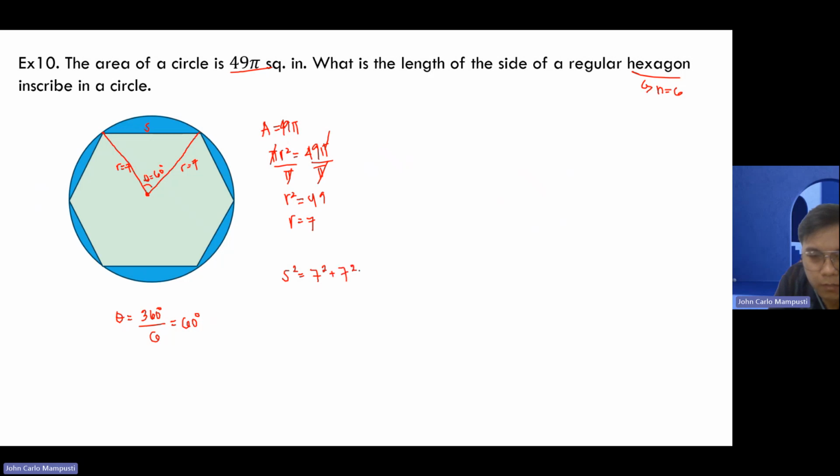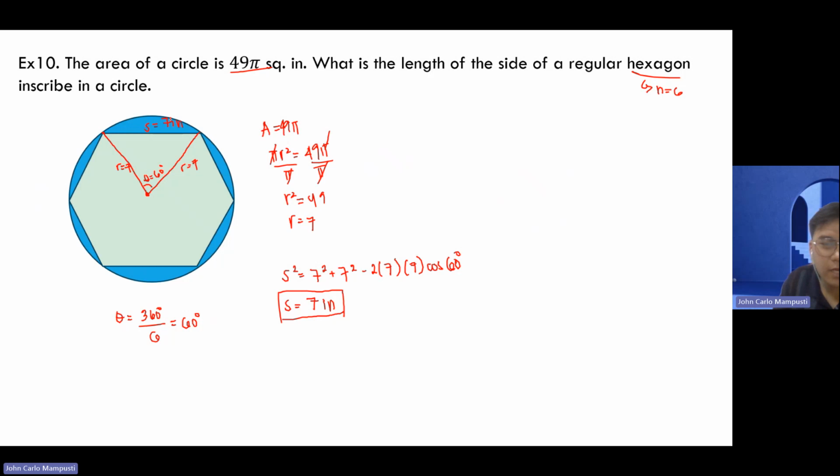So S is equal to square root na lang yun. 7 squared plus 7 squared minus 2 times 7 squared cosine 60 degrees. The answer is 7. So yun yung length, 7 inches. Yun yung length ng ating side ng ating regular hexagon.